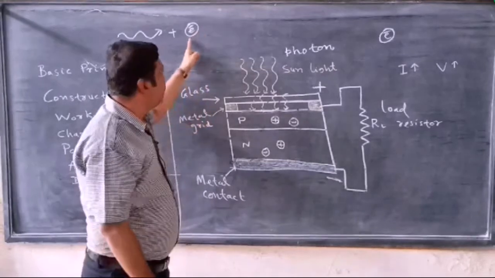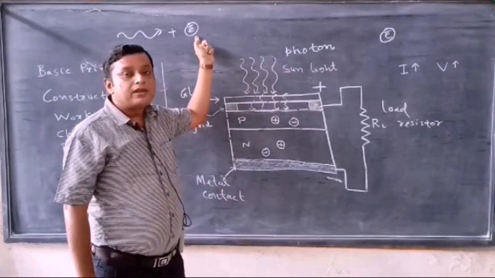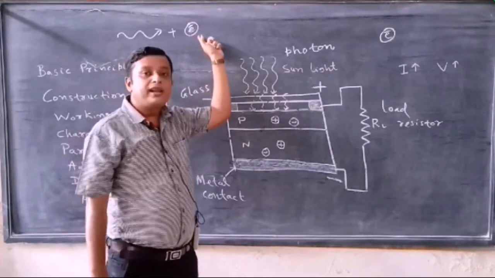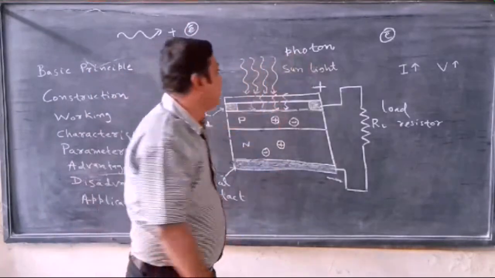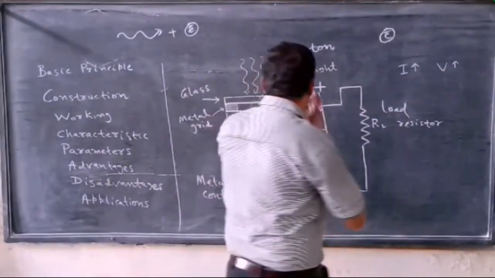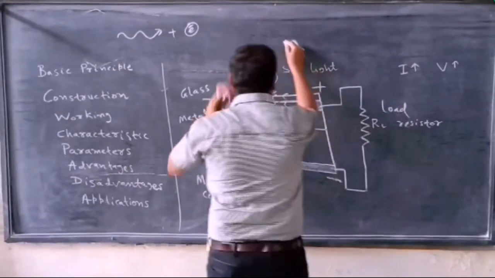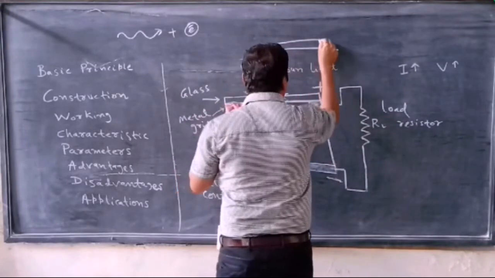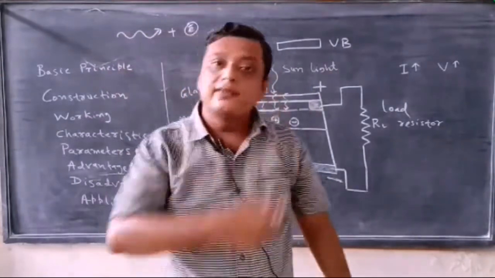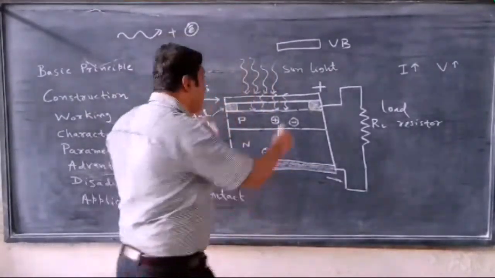That's why this is not a free electron, but a bound electron, and this bound electron is available in the valence band. So now I am drawing the bands, conduction band as well as valence band. So this is the valence band. The valence band contains valence electrons, bound electrons.